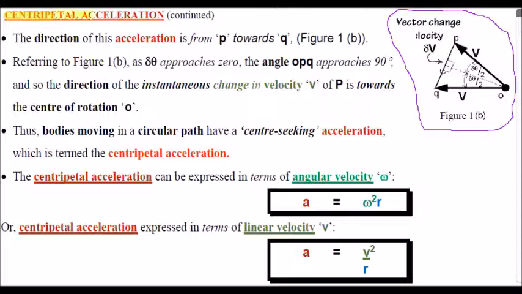Centripetal acceleration continued. What we note here is that the direction of the acceleration is from P to Q, shown here. If we consider the situation where delta theta approaches 0, so this angle becomes very, very small, then the angle OPQ, this angle here, approaches 90 degrees.